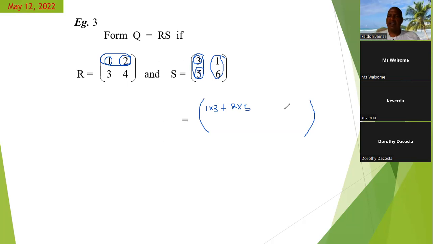So I'm going to ask each person to help me to calculate each of these. So starting with Miss Waysome, for these top elements over here, we are multiplying the top row with the second column. So tell me what I should write down here, Miss Waysome. So sorry, it should be 1 times 1. So 1 times 1.